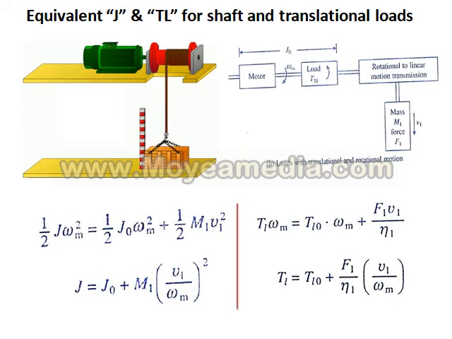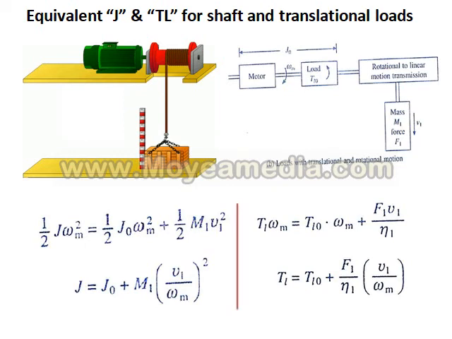In such a case, the directly coupled load and motor will have an inertia J0, and the directly coupled load has a torque TL0. The translational load has a mass m1, force F1, and velocity V1.